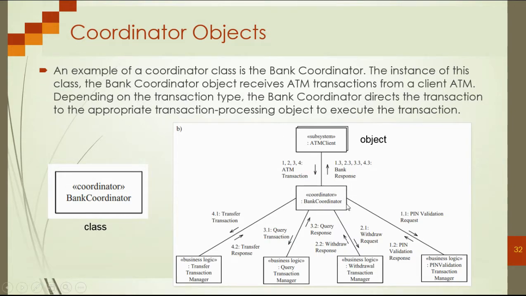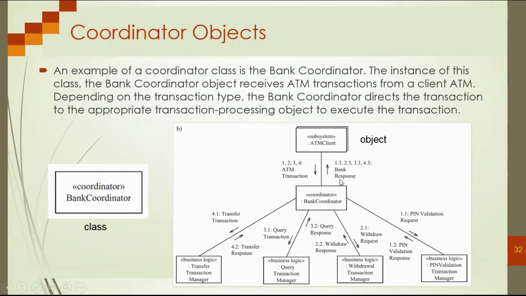We create a coordinator object, so this is the object. Here we have many transactions: for example, PIN validation, withdraw, query, transfer. Each one of these is an operation that should be done by the system.